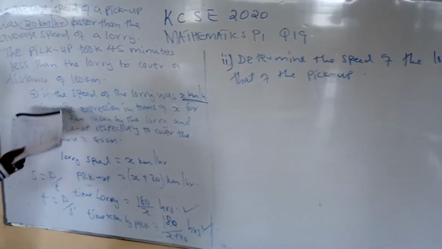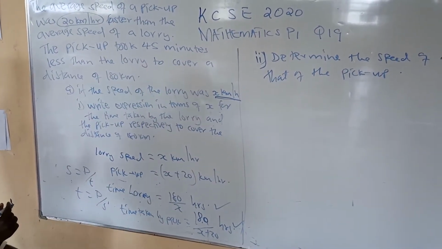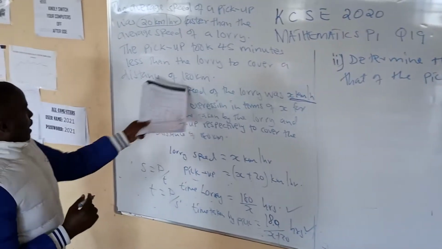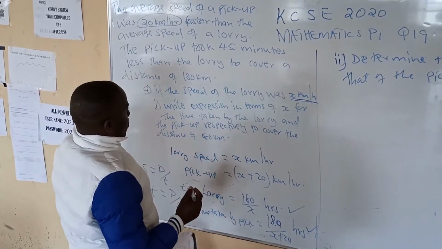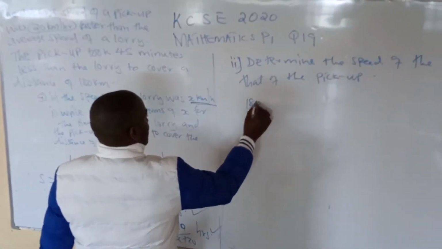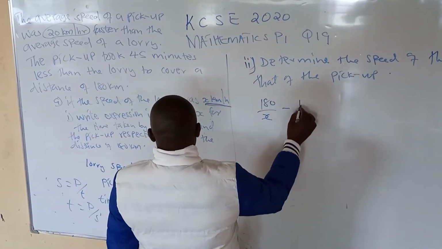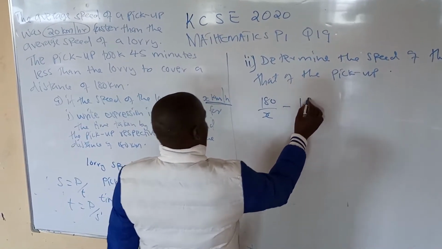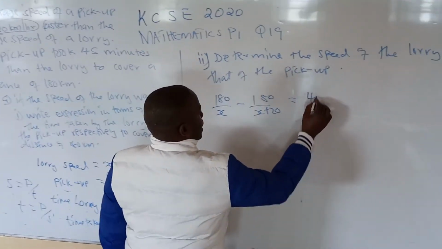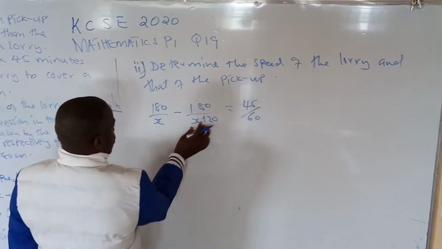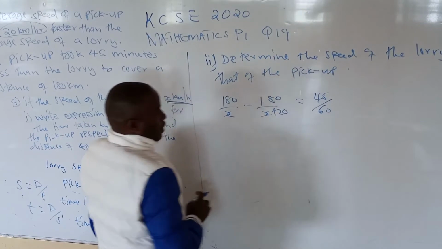Remember, we are told that the pickup took 45 minutes less than the lorry to cover a distance of 180 kilometers. So the pickup took less time, and therefore the time taken by the lorry, 180 over x, minus the time taken by the pickup, 180 over x plus 20, gives you 45 minutes. That is 45 over 60, because these were hours, so we must change the minutes to hours by dividing by 60.